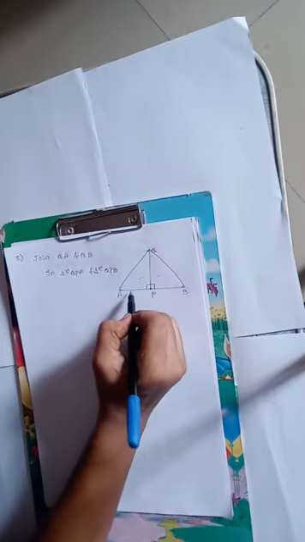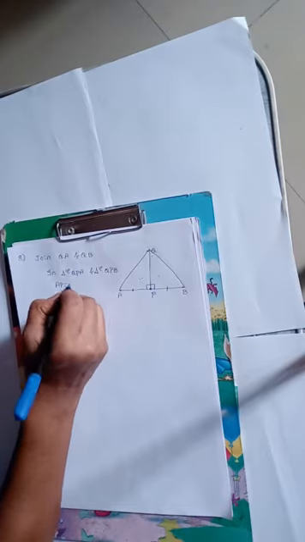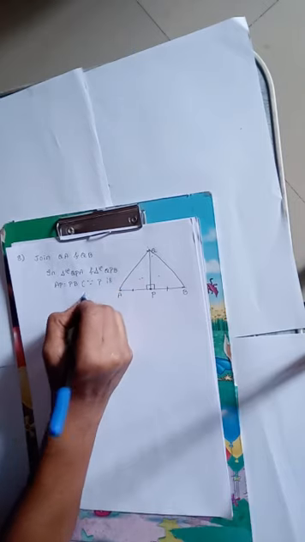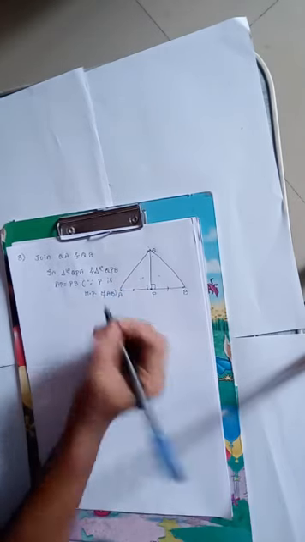That is, AP is equal to PB. Why are these two sides equal? Because it is given that P is the midpoint of AB, or P bisects AB.